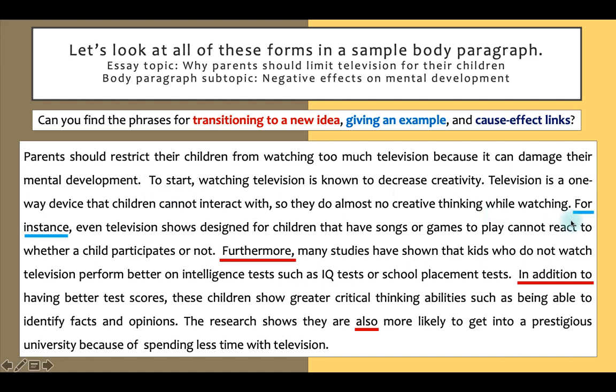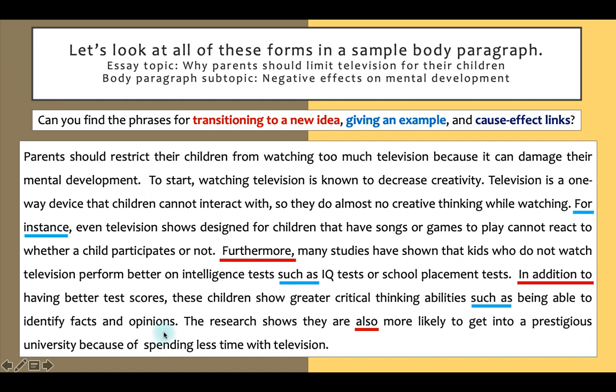For giving an example, we have for instance with the comma. We have a "such as": intelligence tests such as IQ or school placement. And another "such as": critical thinking abilities, and one example, being able to identify facts and opinions.